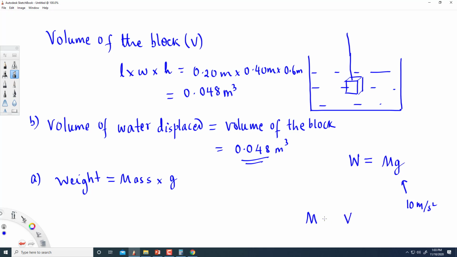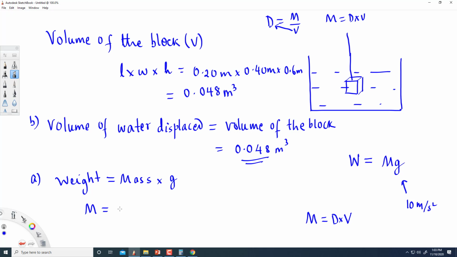Yes, so mass is equal to density times volume, because the definition of density is mass over volume. If I rearrange this, I can take this to the other side, so mass is equal to density times volume. So I need to find mass, and to find the mass, multiply density and volume.